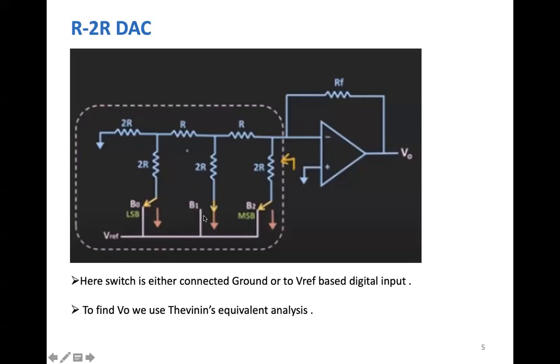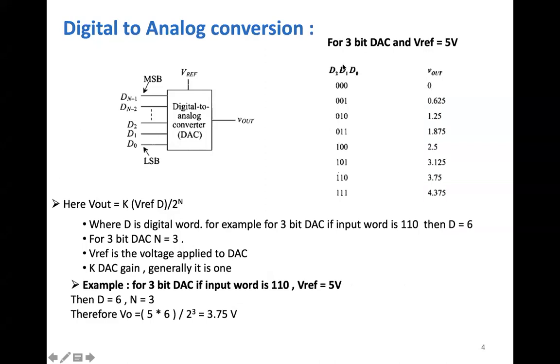Again, this is an op-amp, and this is the feedback resistor, the negative feedback. Now we know how this conversion happens, what formula is used, and how the bits map to the outputs, so this part is clear.